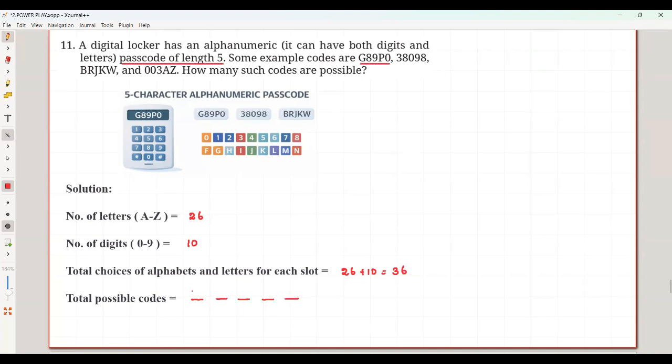So it is 36 into 36 into 36 into 36 into 36. Each slot has 36 possibilities, so in total we can write it as 36 to the power 5. 36 to the power 5 is the answer.